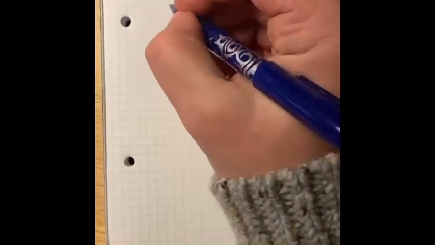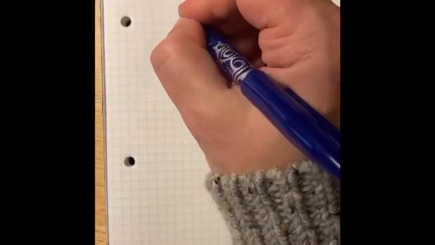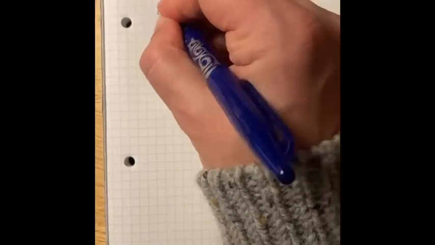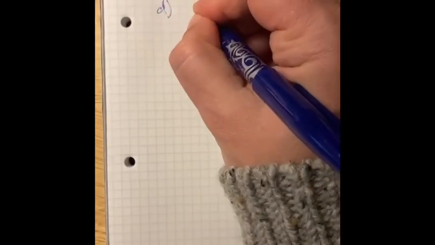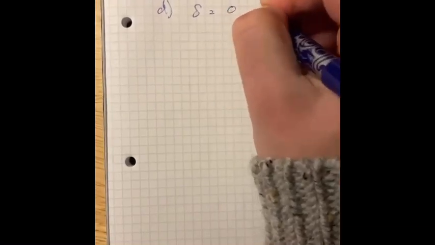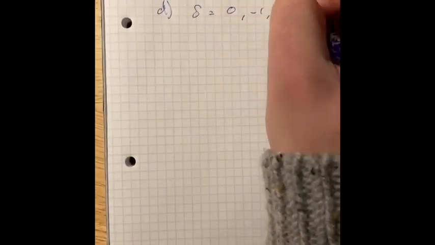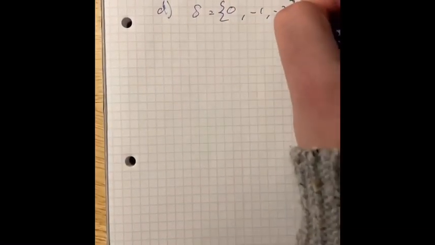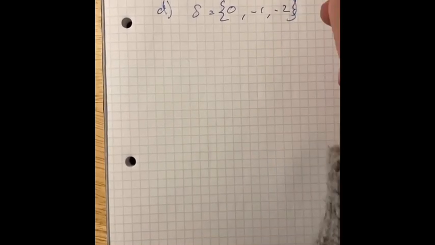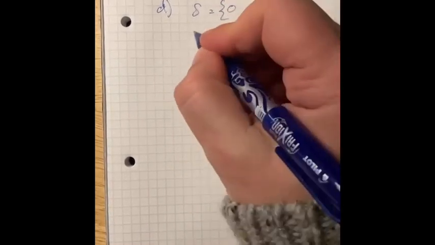I'm going to now make a table, same sort of thing, but this is part D, we got the set instead is 0, -1 and -2, oops, curly brackets, and let's put it down again.